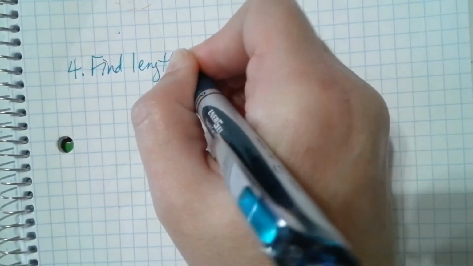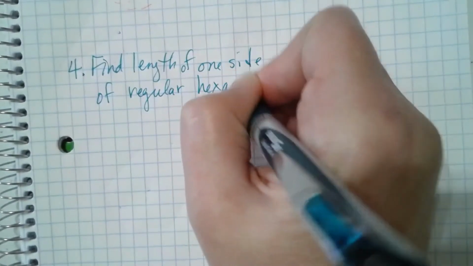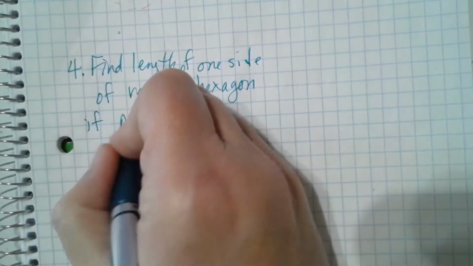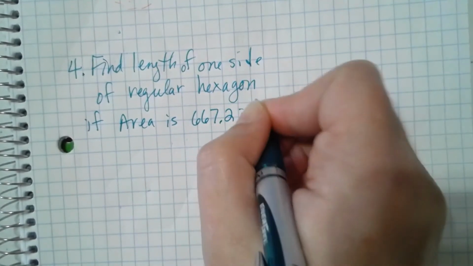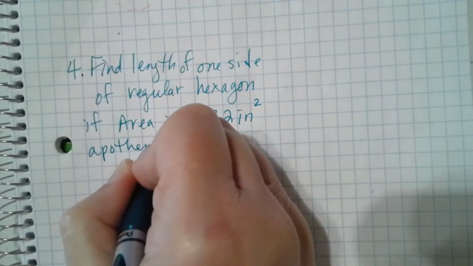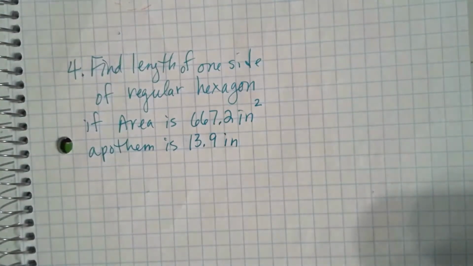On number 4, we are trying to find the length of one side of a regular hexagon if we know that the area is 667.2 inches squared and the apothem is 13.9 inches.